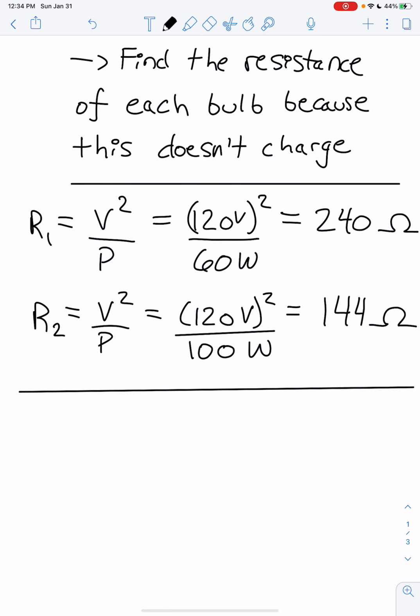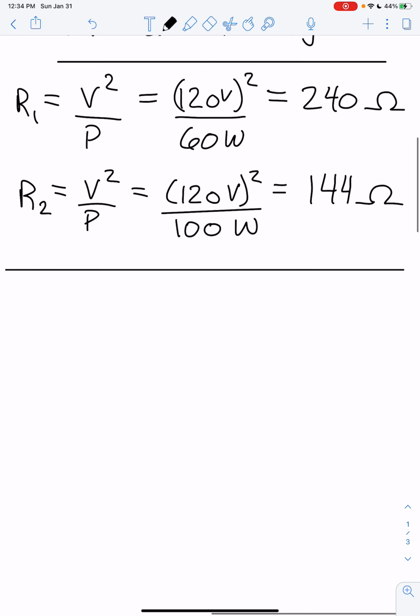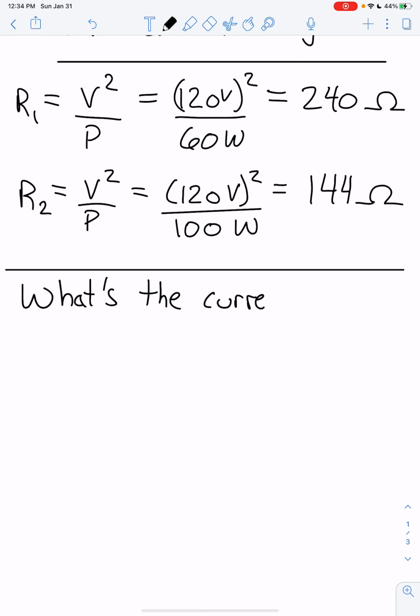Now we can find the current when we hook this light bulb up to the circuit alone. What's the current? And that's when the bulb is alone. Well, we can solve that by applying Ohm's law.